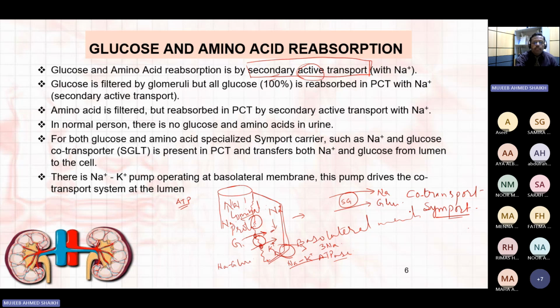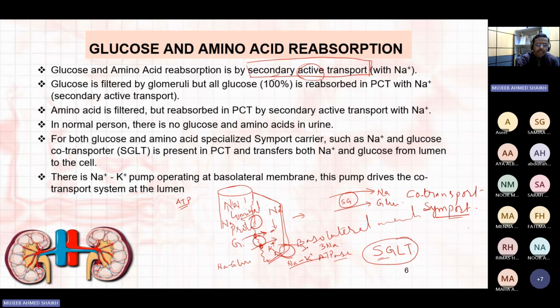So sodium is moving inside the cell along with glucose through a channel known as the sodium glucose channel or transporter. Sodium glucose, GL for glucose, and T for transporter. So this type of carrier protein is known as SGLT. And these SGLT are present at many places in our body.